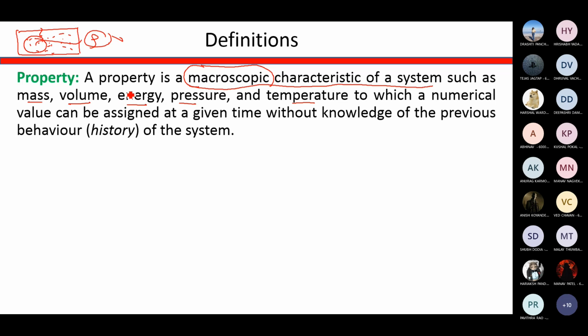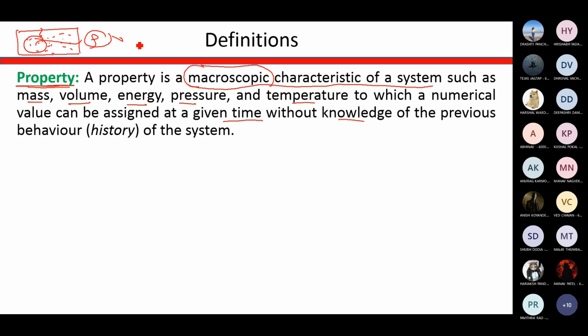It means you can assign a definite numerical value at a given time without previous knowledge of how your system has behaved. So without the history of your system, you can put some value for that quantity. That is nothing but the thermodynamic property of the system.